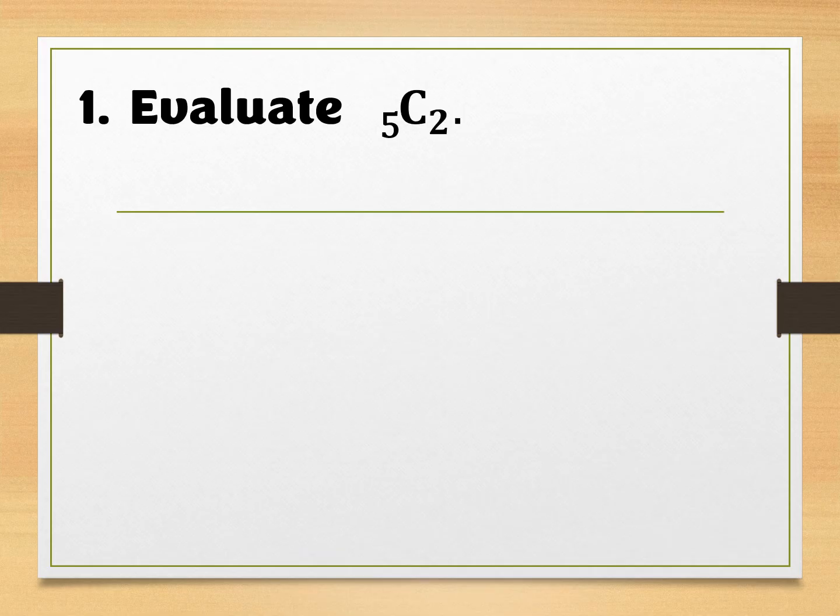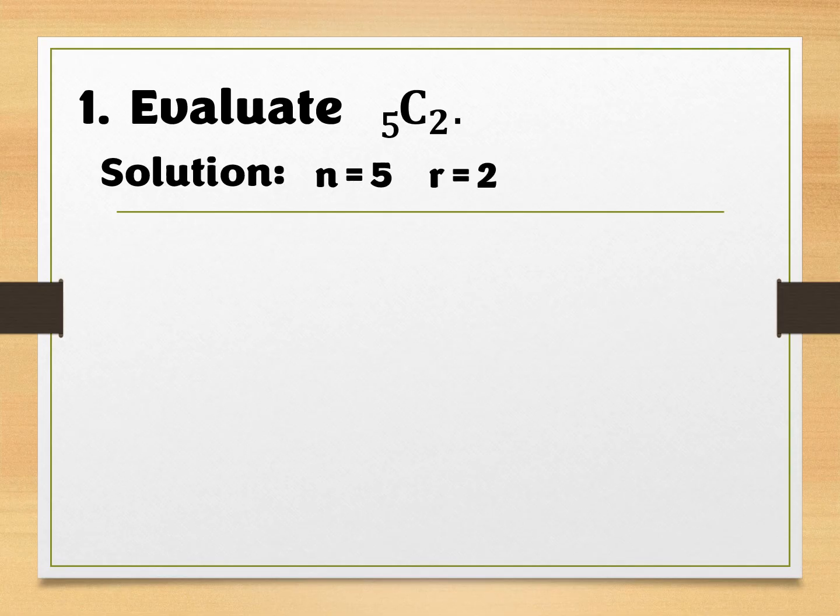Let us discuss now the process on how to evaluate combination. Let us consider now item number 1. We will evaluate the combination of 5 objects taken 2 at a time. So for the solution, first step is we're going to determine the value of n and r. The value of n in item number 1 is 5 and the value of r is 2.